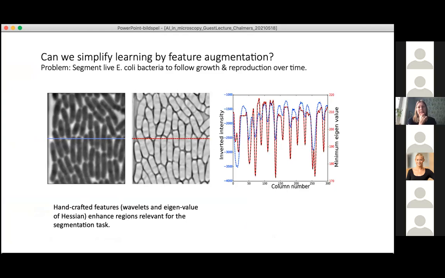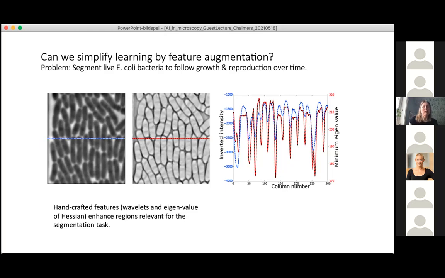And one thing that I wanted to mention that we realized when trying to simplify our networks is that the more a priori information that we can feed the networks with, the smaller they can be and still produce a good result.